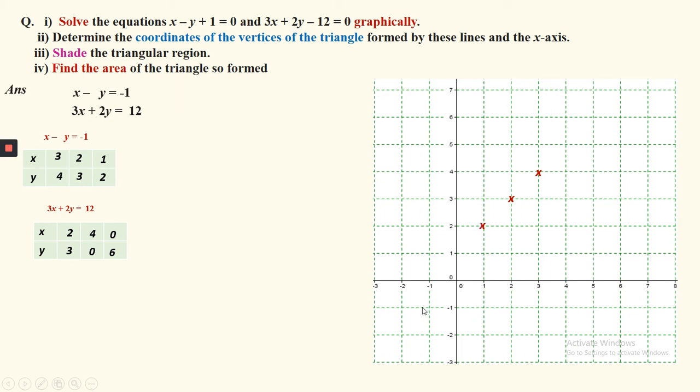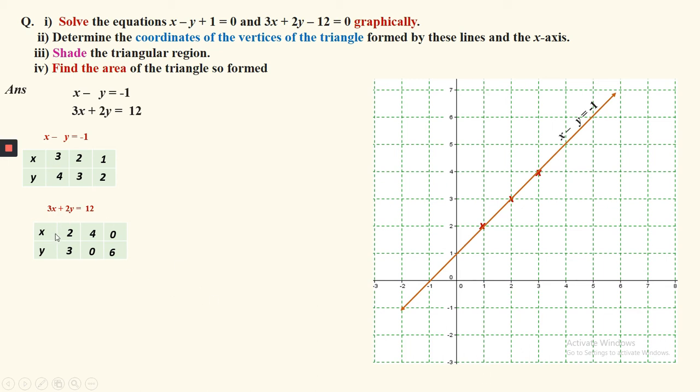And we can ensure that this graph is going to be correct because when we marked the points corresponding to the 3 solutions, they are all falling on the same straight line. Now we will draw the graph of it. And immediately I'll write the equation also of that line. So the first graph is ready.